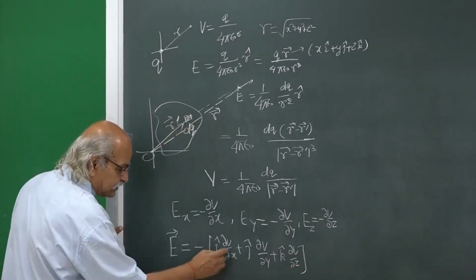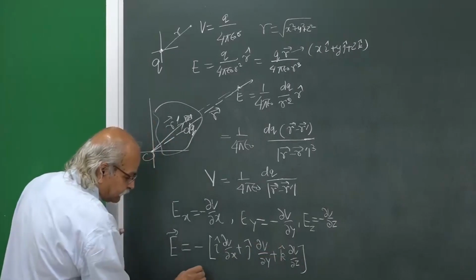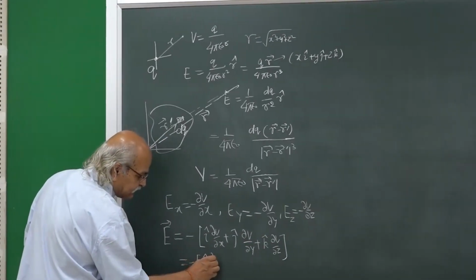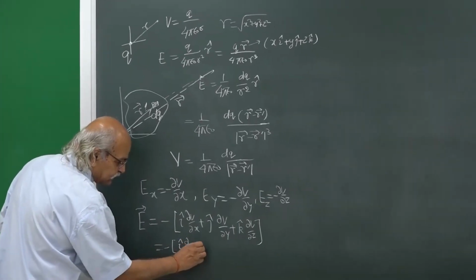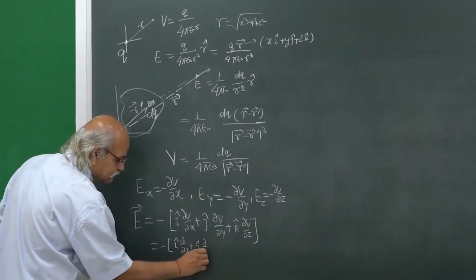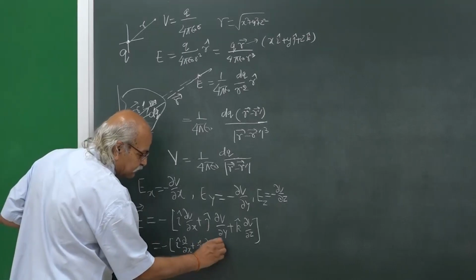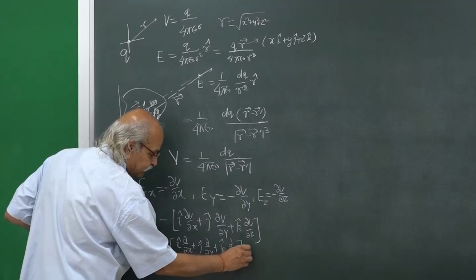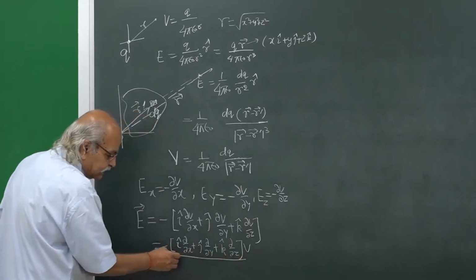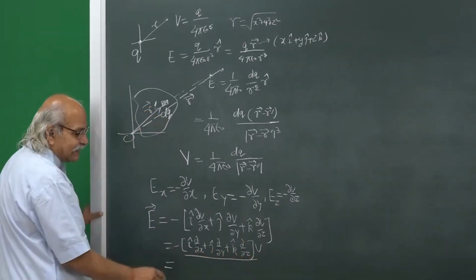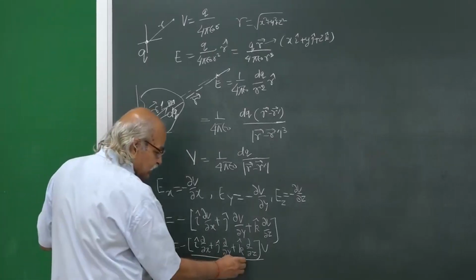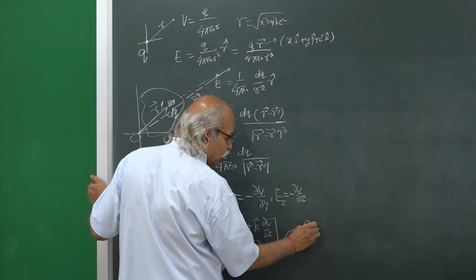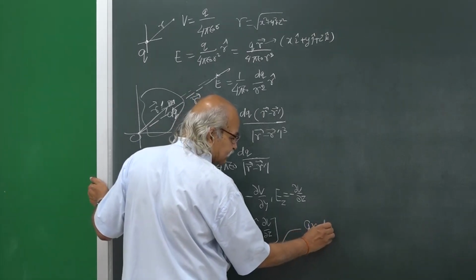Now, if you write this v outside, then it is i cap del del x plus j cap del del y plus k cap del del z, and then this v, and this thing in the square bracket is called the gradient operator.